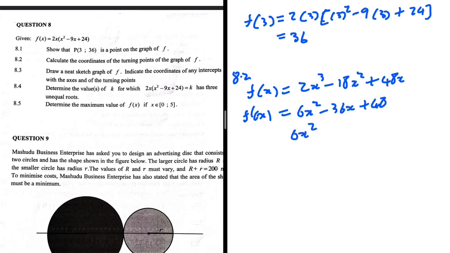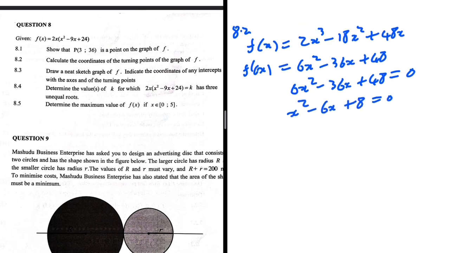And we need to let this be equal to 0 if we want to find the x coordinates of our turning points where the gradient is 0. So we can divide throughout by 6 to make our life more simple. So x squared minus 6x plus 8 should be equal to 0.